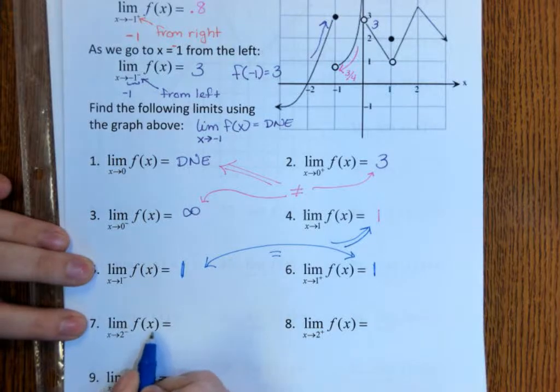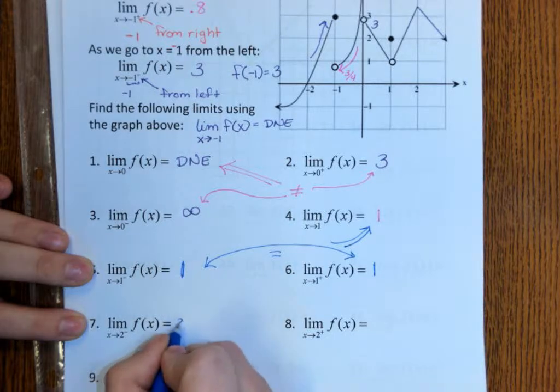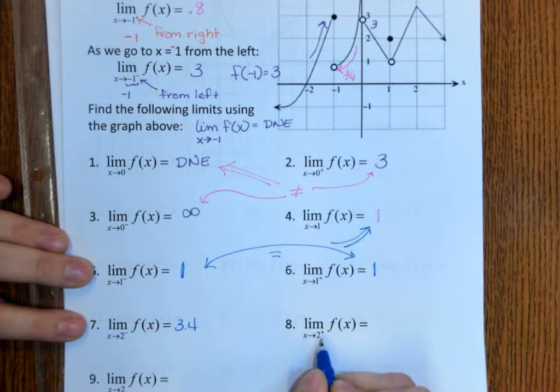So number 7 is talking about which limit? The left-hand limit. So what is the left-hand limit? Yeah, I did 3.4 was mine also. If you had something slightly different, as long as you didn't say that was 3 or 5, okay. Or 4 even. 5 is definitely not it.